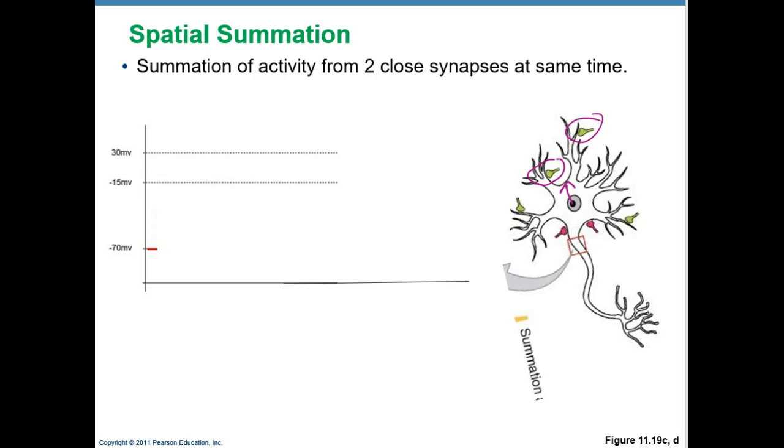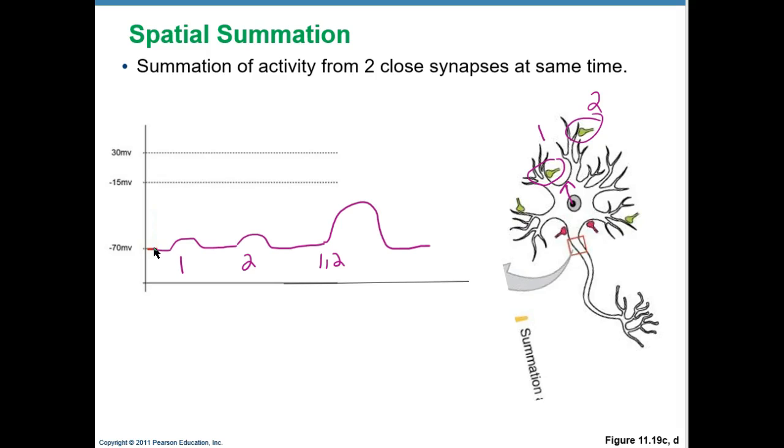So we'll call this 1 and we'll call this 2. Maybe if just 1 fires, you might get something that looks like this. And if just 2 fires, you might get something that looks like that. But if they both fire at the same time, that's a bit of an exaggeration, but those 2 EPSPs stack on top of each other.